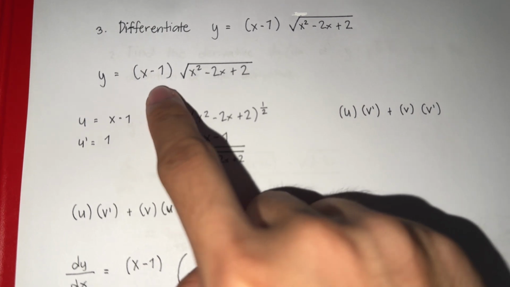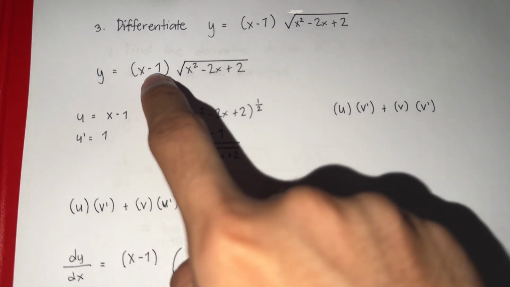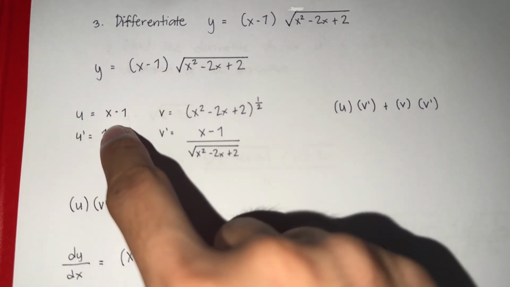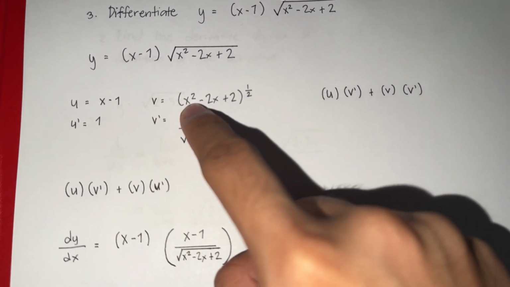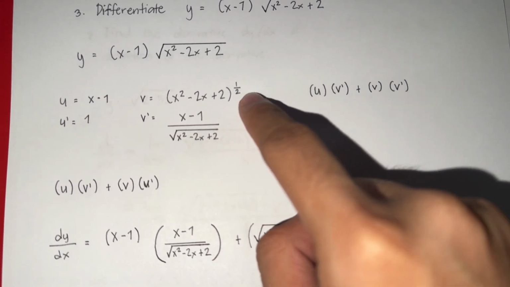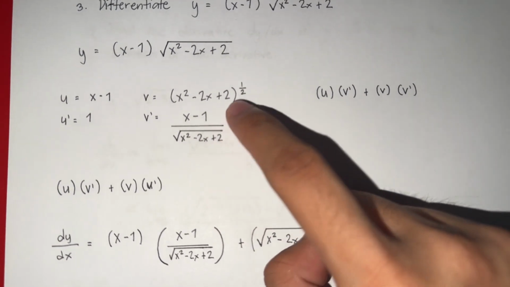So in this function, this is the u and this is the v. So the u is x minus 1 and the v is x squared minus 2x plus 2 raised to 1/2. I converted it to exponential form to make it easier.